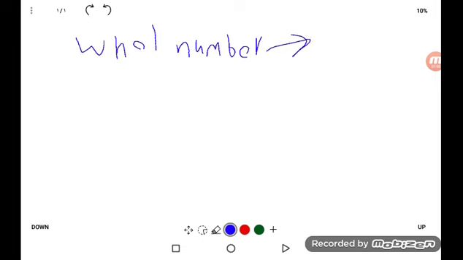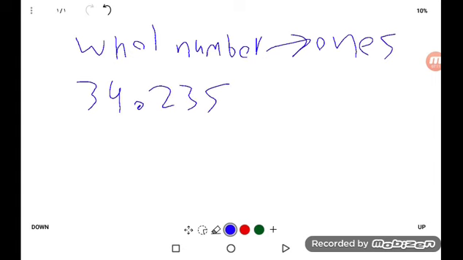Now round to the nearest whole number. Whole number is the same thing as the ones digit. So let's say if you have 34.235, this is the ones digit, and we look at this number.